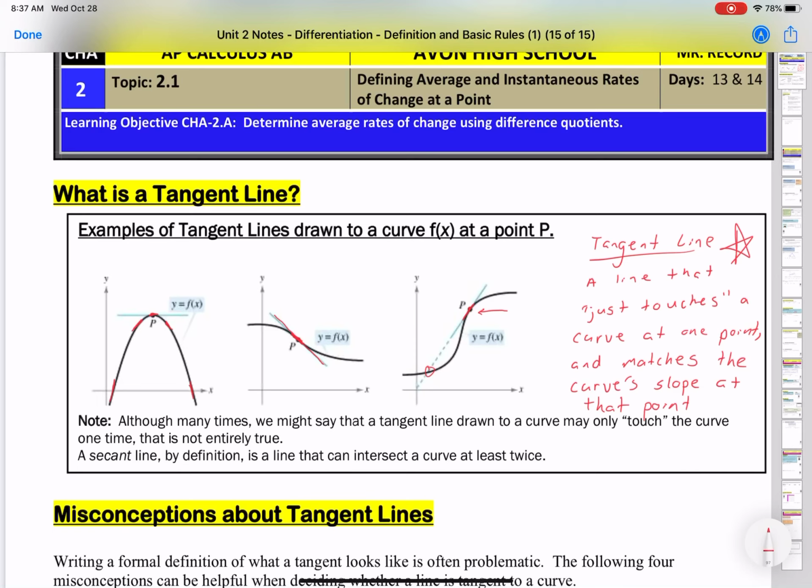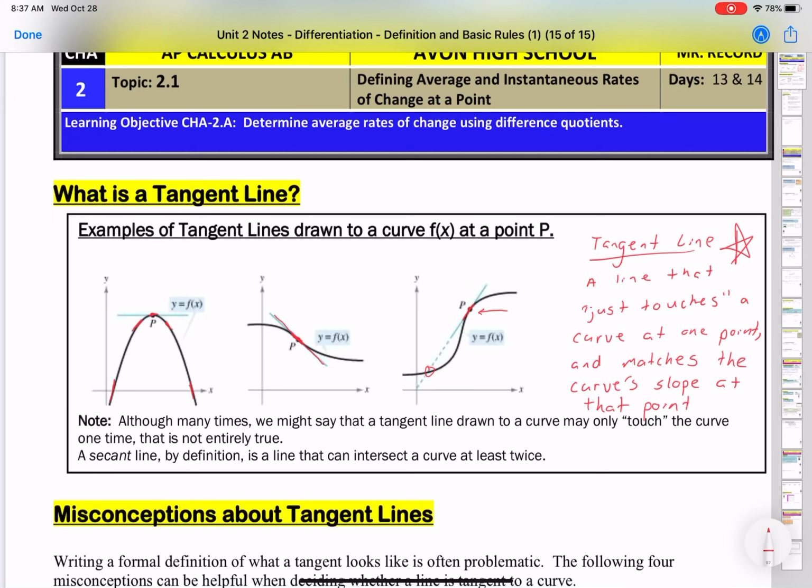And slope is going to be really important because we talked about at the beginning of the year, calculus is the study of change, the mathematical study of change. And a slope is essentially the rate of change. How fast is something changing? And that's going to be one of the big ideas of calculus, is taking a function whose graph might be a curve and being able to talk about the rate at which it's changing.